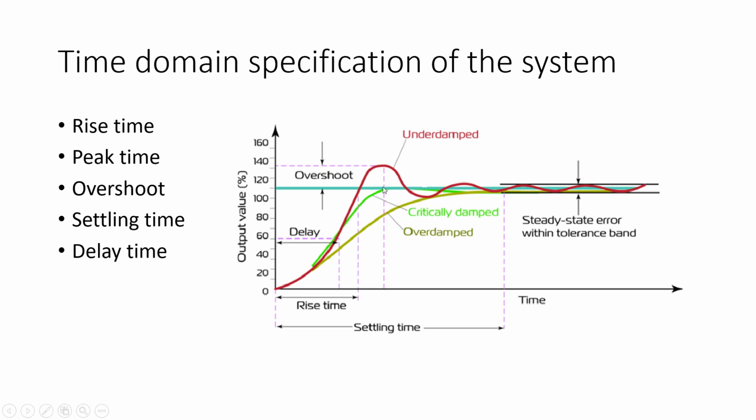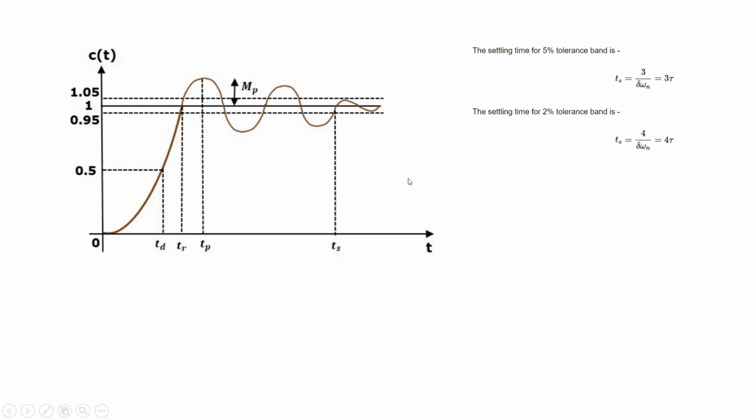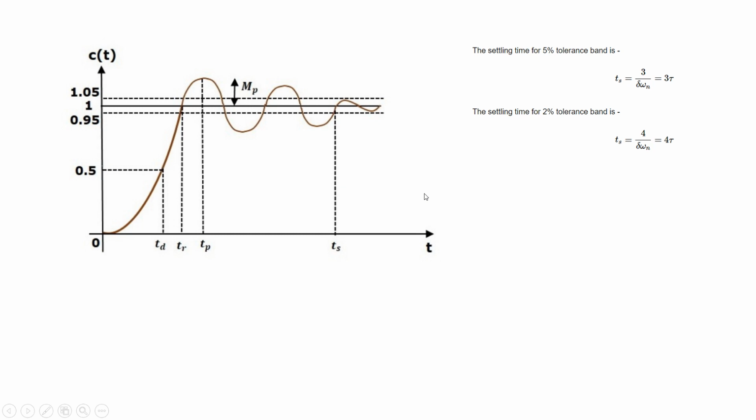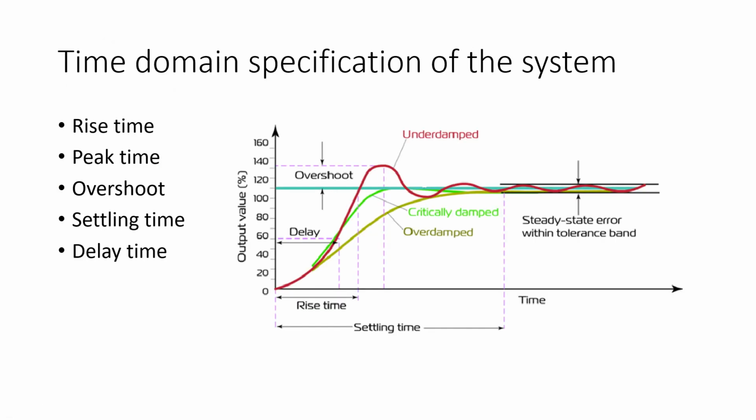In the figure, this point is the first maximum overshoot, and this one is the first undershoot. This is the second overshoot.